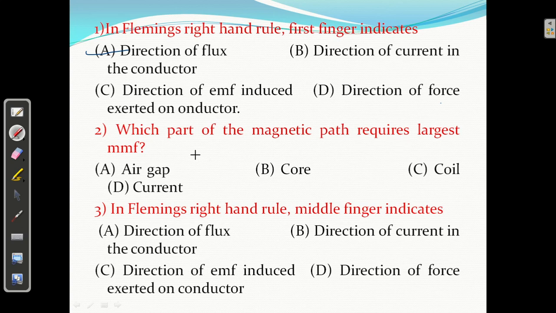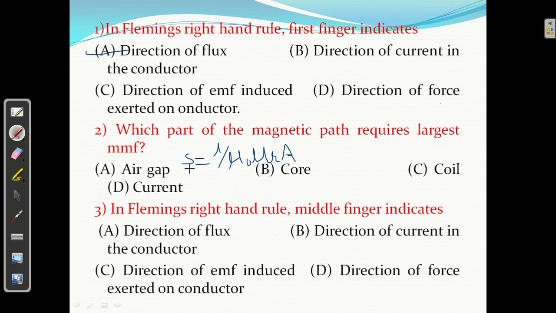You know S equals what? S equals L upon mu 0 mu r A. This is the reluctance.